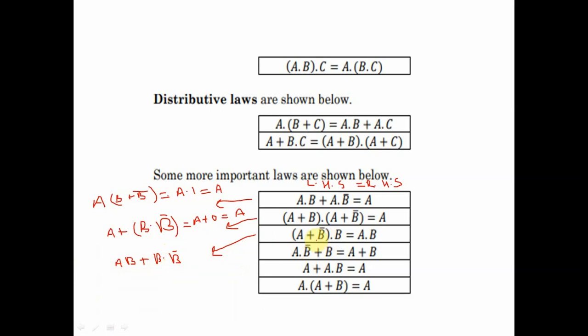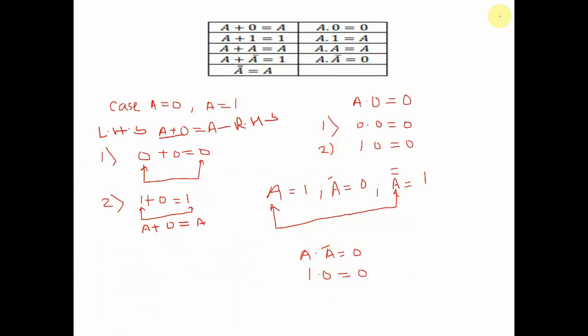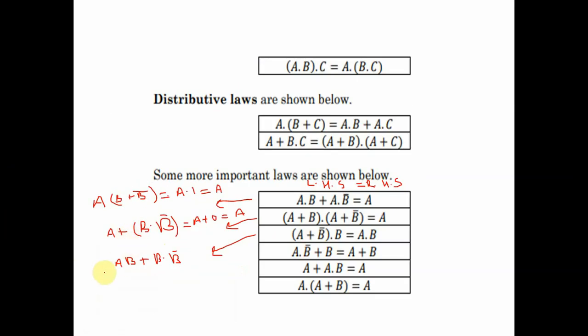But B into B bar is equal to 0. See here, B into B bar is equal to 0. So this term is the 0 term, and the remaining answer is A into B.